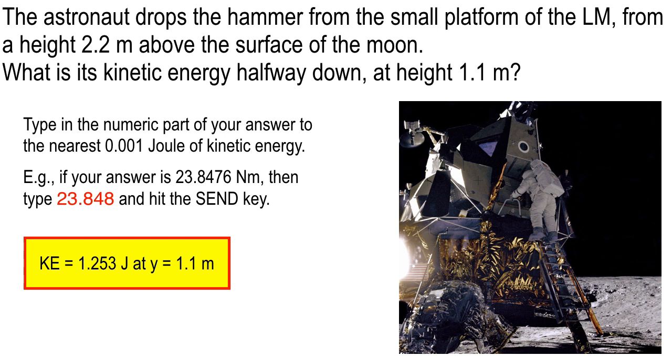The numeric part is right, but kinetic energy is never negative. So only 2 people typed that in. Make a note to yourself, you got the right number, but it shouldn't be negative. Now, potential energy can be negative or positive, but not kinetic energy.